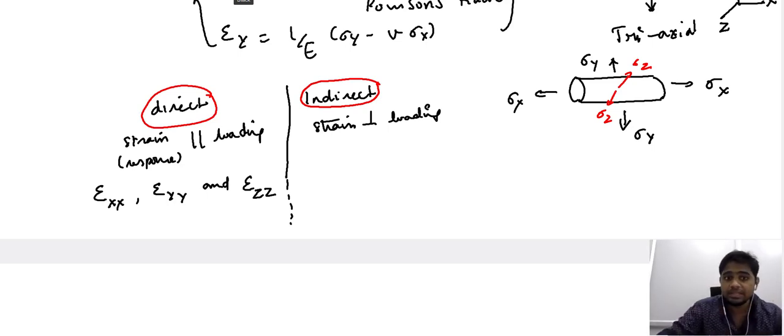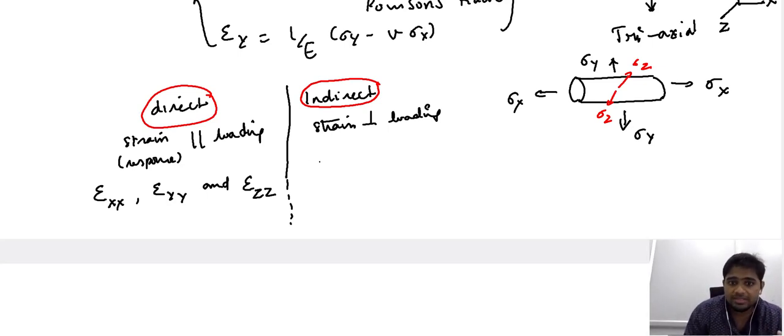Therefore the indirect response can be represented by a notation that involves two different subscripts. We have already seen that the first term indicates the strain direction, the response direction. The second term indicates the loading direction.